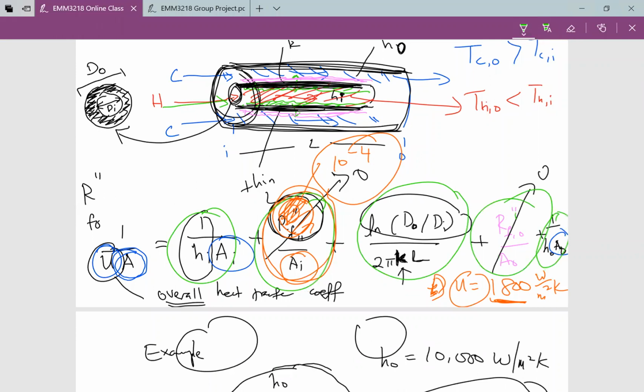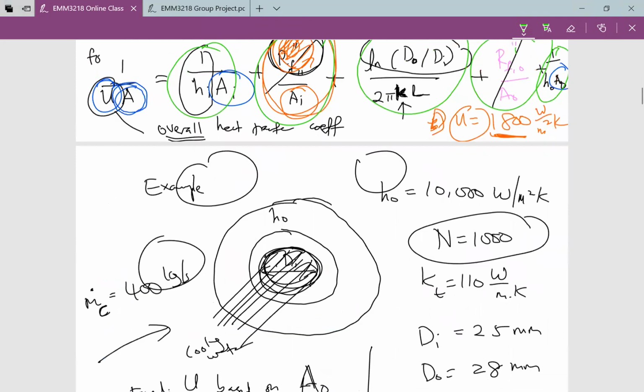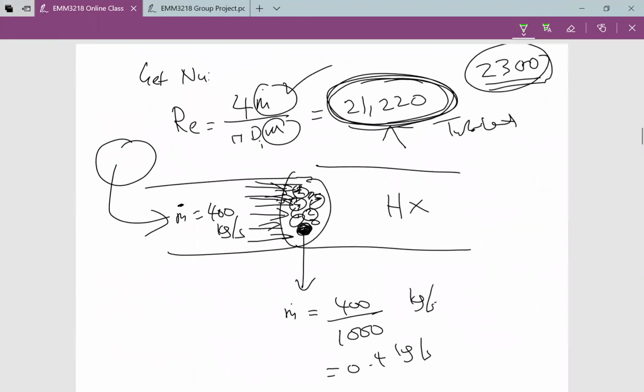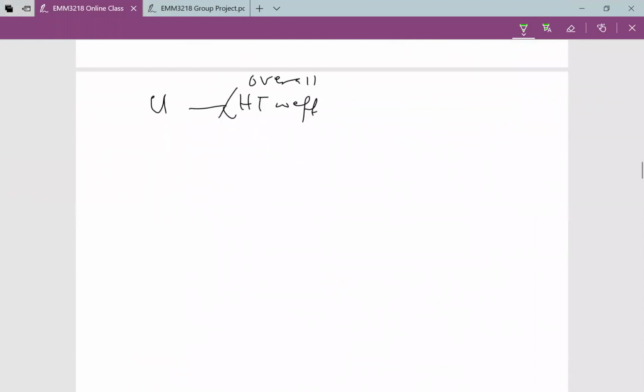So it's actually just about the design of the heat exchanger and the flow itself, like the m dot of the fluid, what the properties are, and then getting h. But if we have a heat exchanger, we want to know the performance, the efficiency. In general, we call it the performance of the heat exchanger.